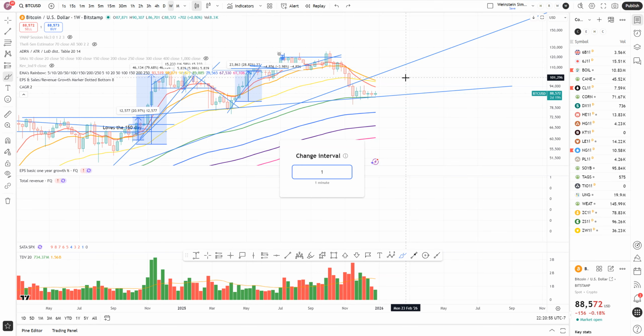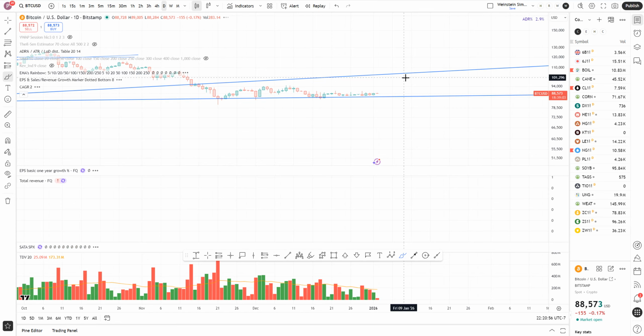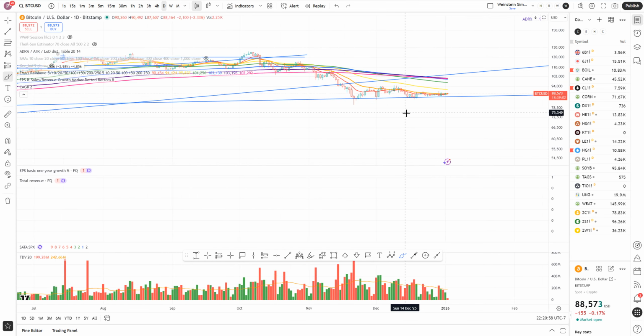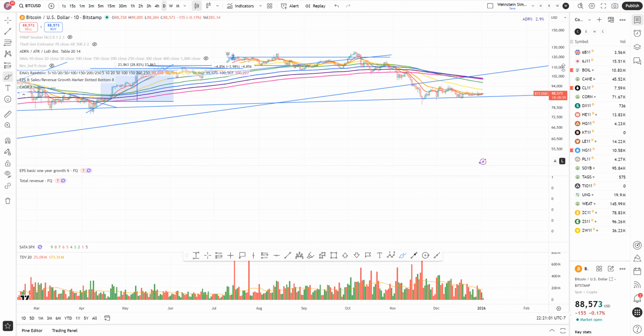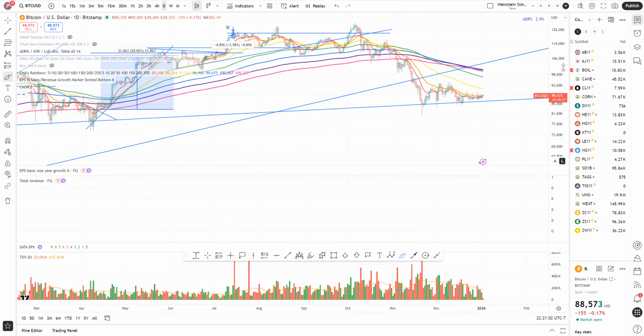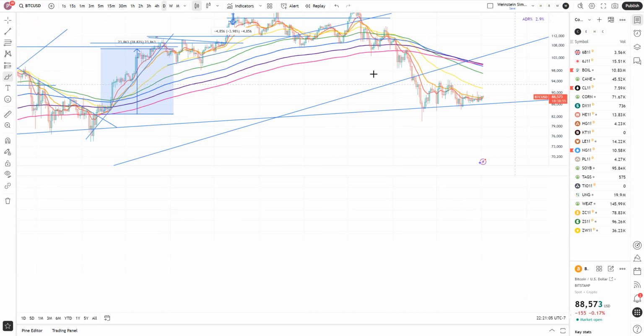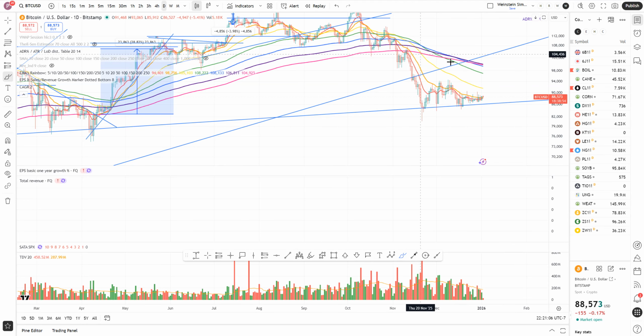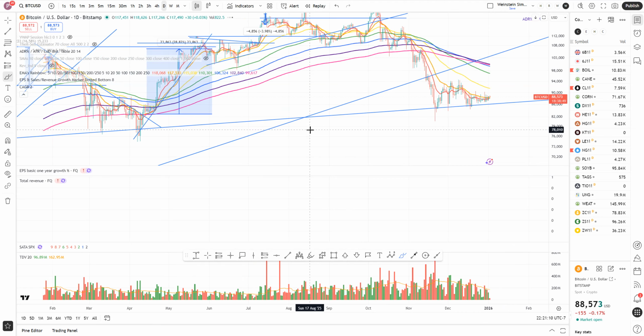Look at the daily chart here again. As long as it's under these moving averages, especially the 150 day, which is blue on here, it's a bad sign. In fact, here you can see it break above the 150 day.